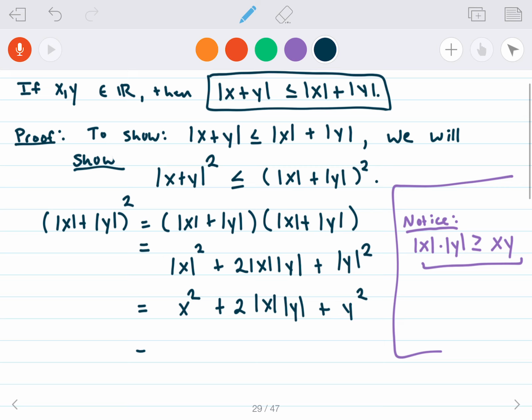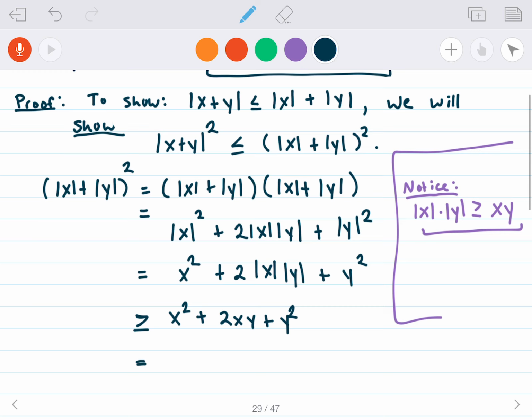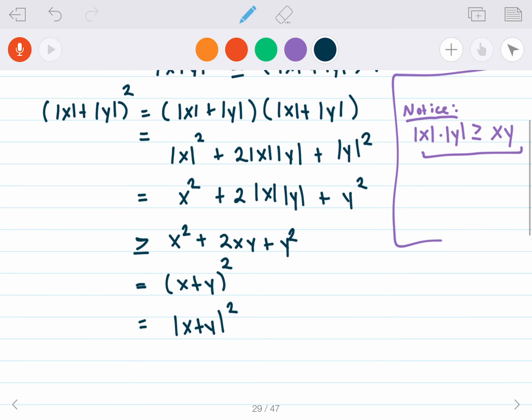So this is greater than or equal to x squared plus 2xy plus y squared. And then we can condense this into x plus y squared, which because of the square is the same thing as abs x plus y squared. Okay? So we're done because we've shown that this guy is greater than or equal to this guy.